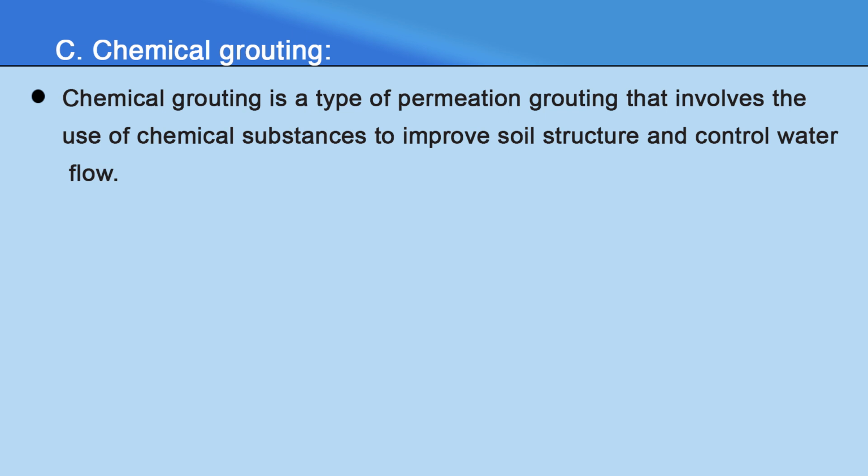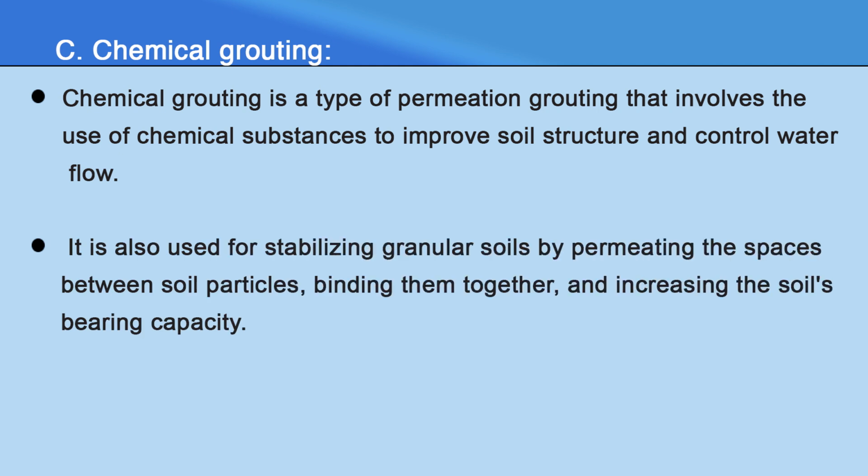Type 7, that is chemical grouting. The chemical grouting is a type of permeation grouting that involves the use of chemical substances to improve the soil structure and control the water flow. It is also used to stabilize granular soils by permeating the space between the soil particles, binding them together and also increasing the soil's bearing capacity.